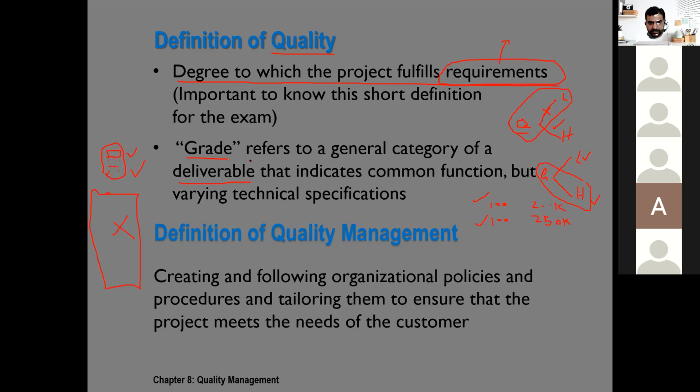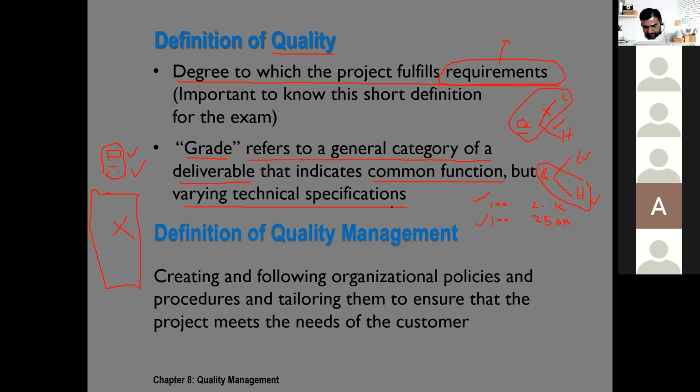Grade, in formal definition, refers to a general category of deliverable that indicates common functions but varying technical specifications. That could be low spec, that could be high spec, but the important thing is a low grade product is acceptable. It totally depends on the budget of a project or client requirements, but quality should not be compromised.